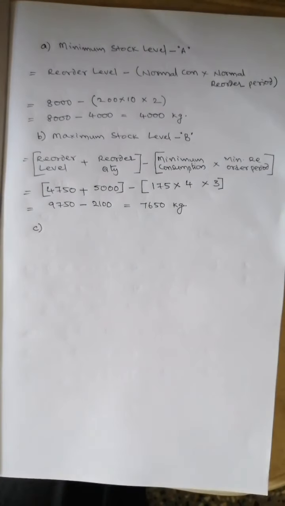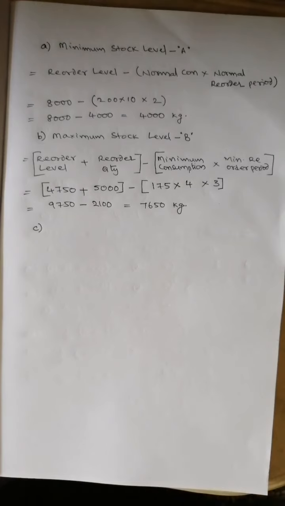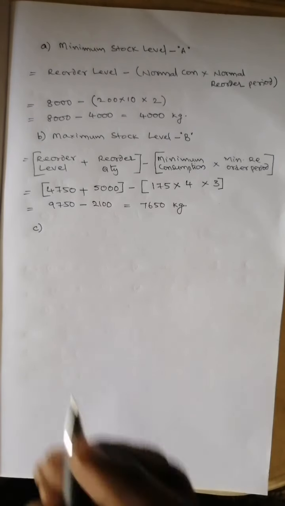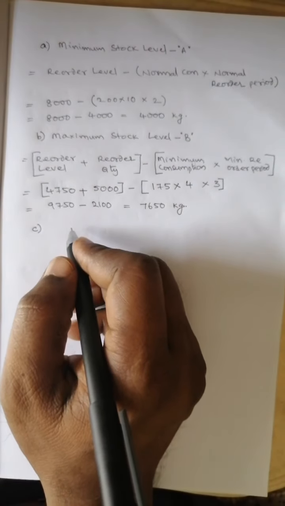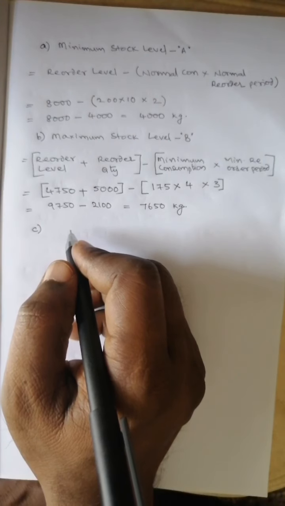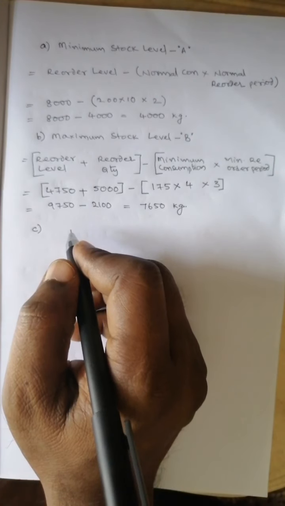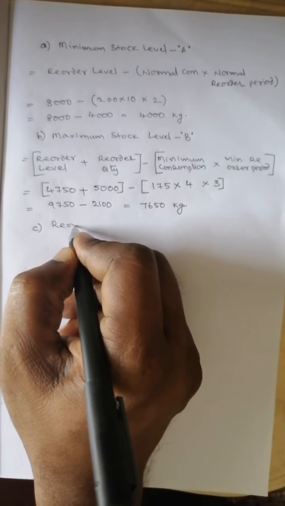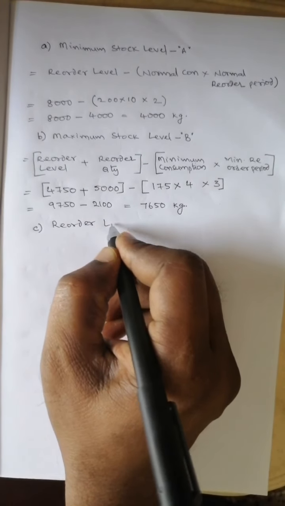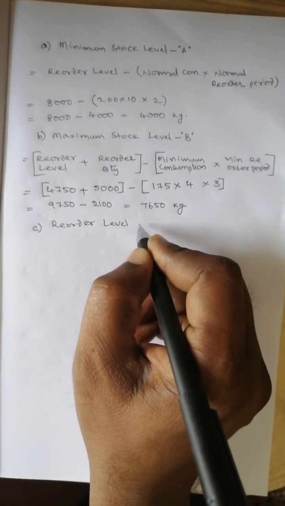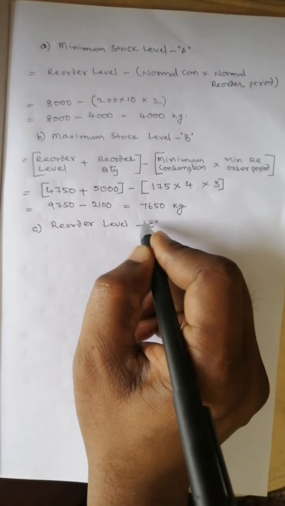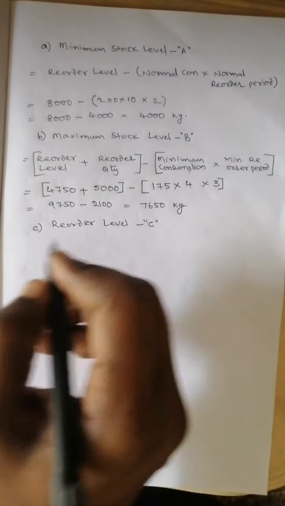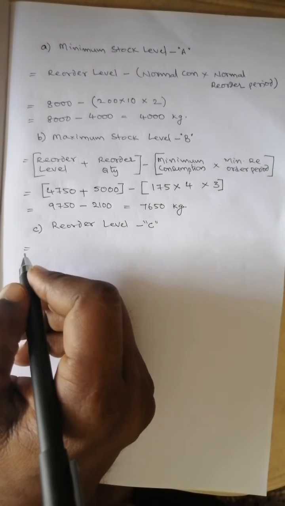So for each material he is asking different stock levels. Now what is the third one? Reorder level of C. Reorder level of material C. Now first write down the formula.